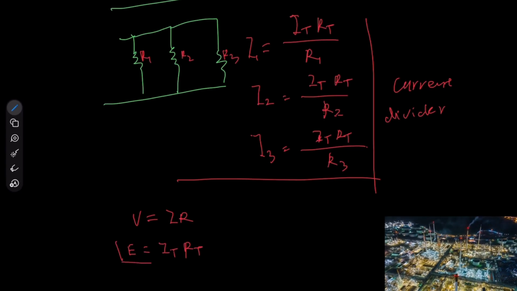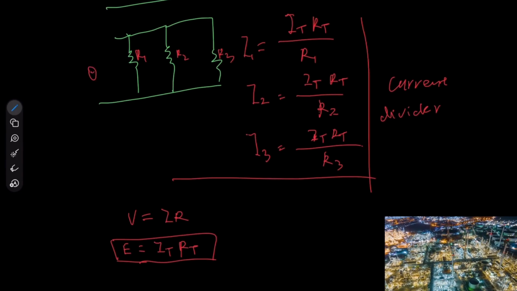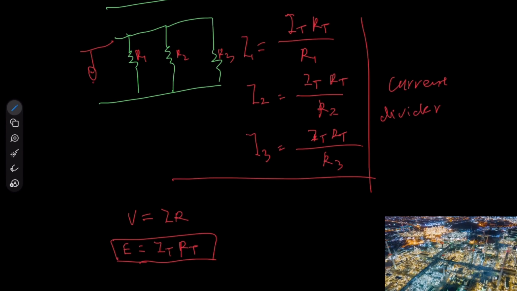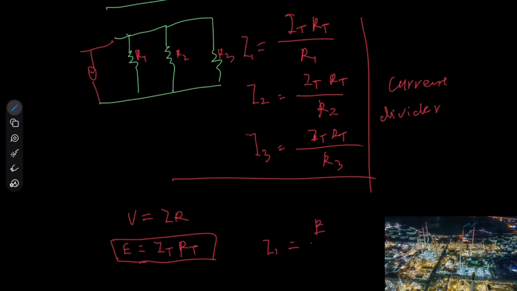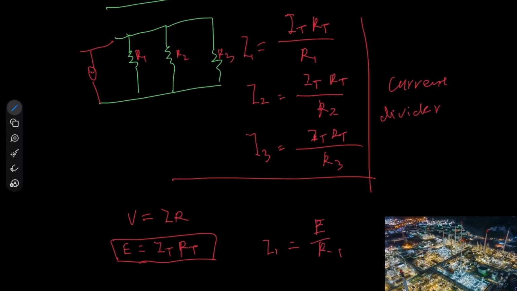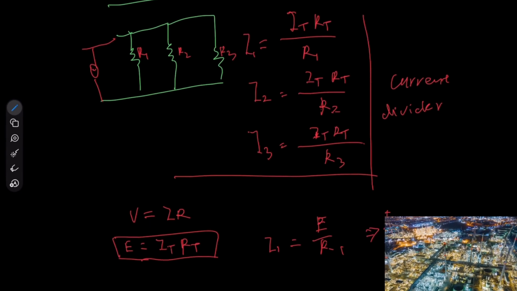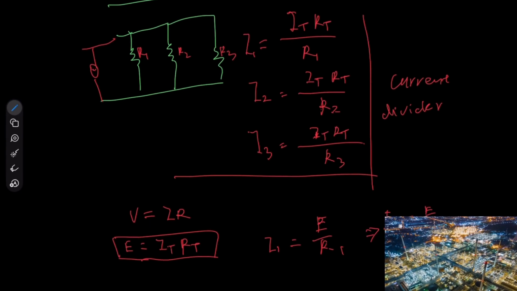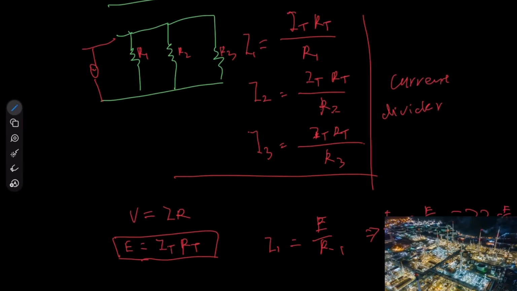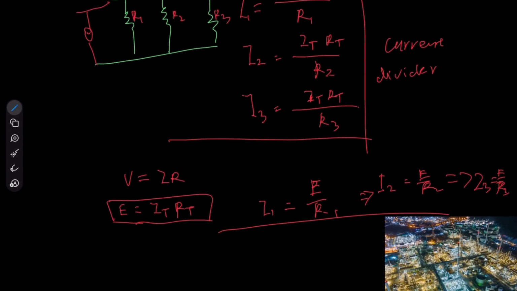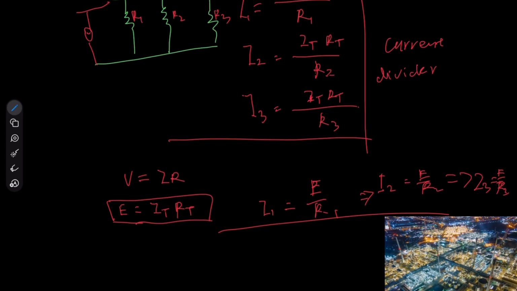After we get the total voltage, since the voltage is the same for all of them, that's V. So the current will be I1 equals E over R1, I2 will be E over R2, I3 is E over R3. So basically they are all related to Ohm's law. That's everything for today.